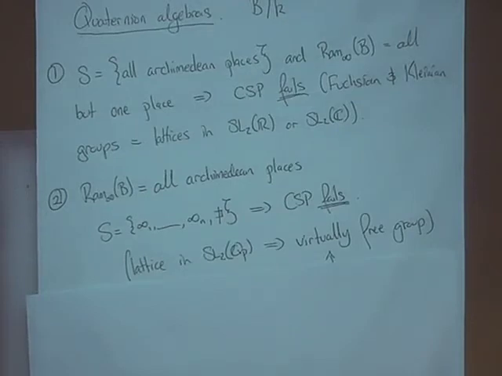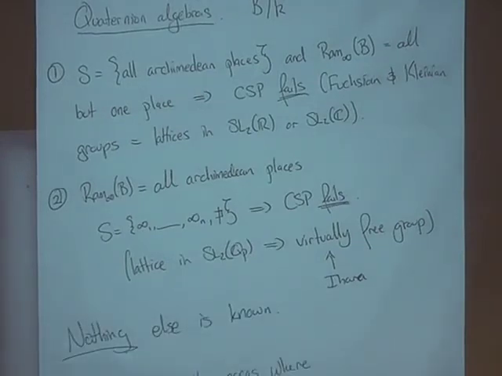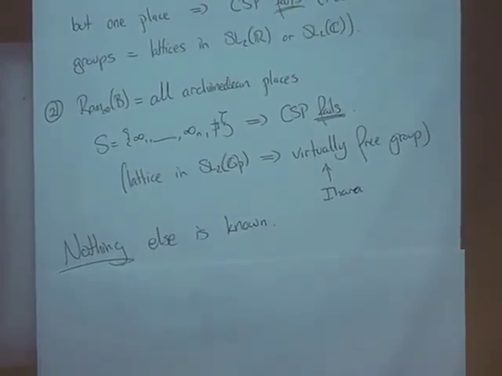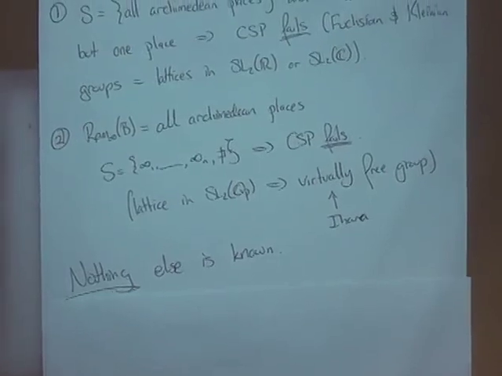That means something acting discretely on a tree. And a little basic algebraic topology tells you that it has a free subgroup of finite index. So it can't have the congruence subgroup property. This is a virtually free group, that's a theorem of Serre. And that's it. Those are the two cases. That's all we know. So Serre totally killed SL2 over number fields.